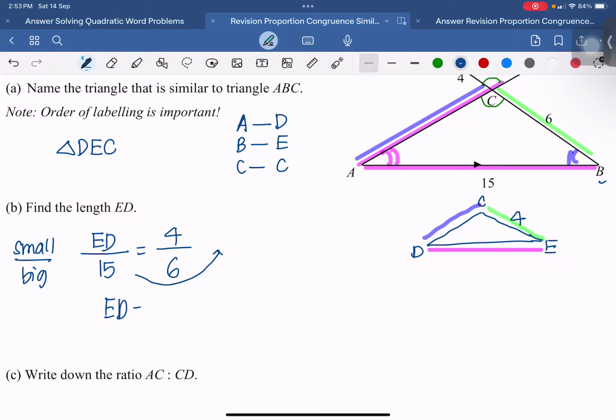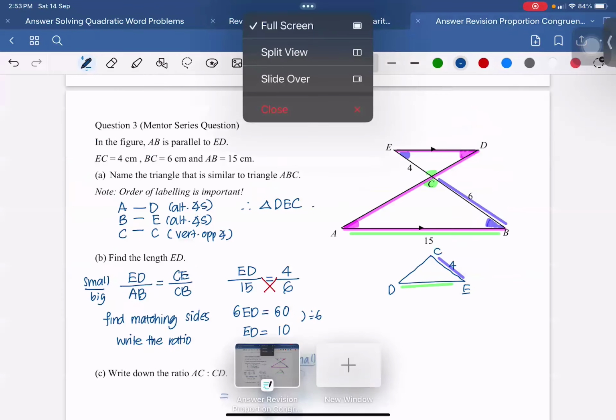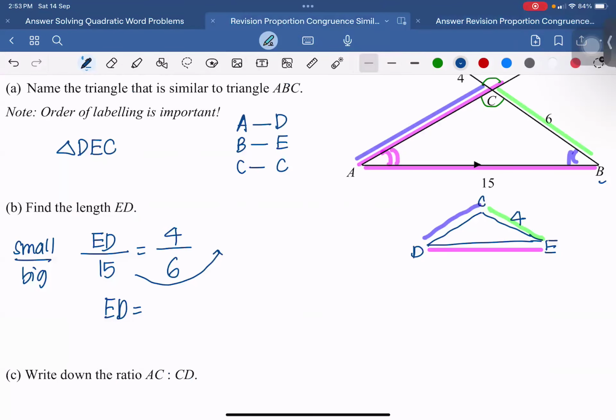So ED equals 4 over 6 times 15. Is it 10? Let me check my answer. Yes, the answer is 10. You can cross multiply to get your answer. In this case, I just multiply out the numbers, so I got 10.